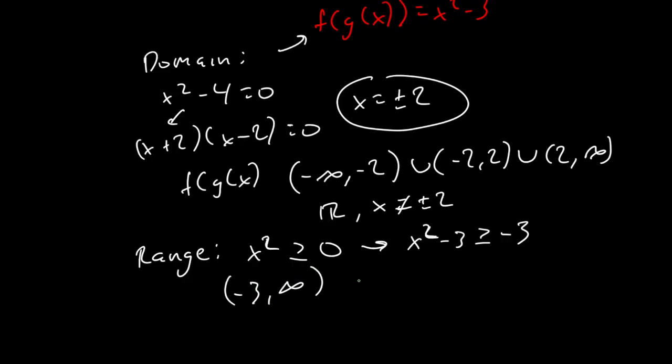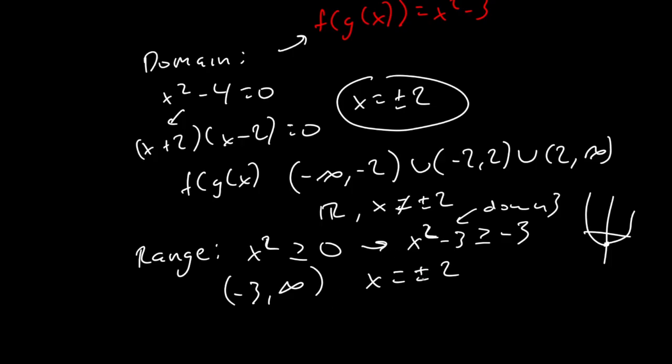But you exclude the values where x is plus or minus 2. And this is negative 3 because we can see this is a transformation down 3 and it opens up. So negative 3 is the lowest value, so it's negative 3 to infinity. Sorry, down 3. Yeah, I think I said up 3.